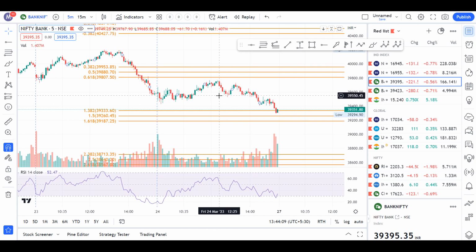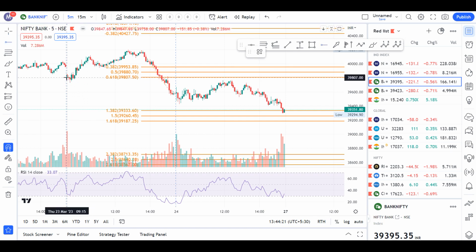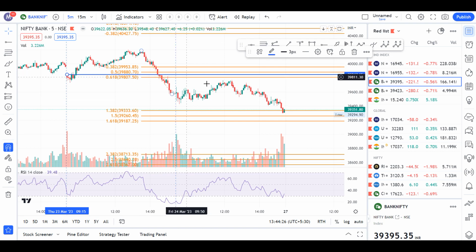So this is what it is, guys. You just do the practice and let me know your feedback, if there is anything we can improve on this. Also consider your open, high, low, close. If you look here, this one was the open, confirming that anything coming around these areas will be a selling opportunity.